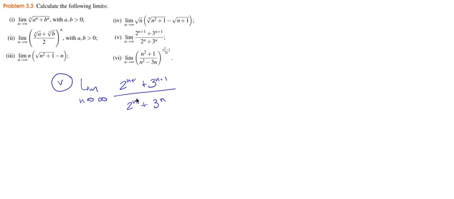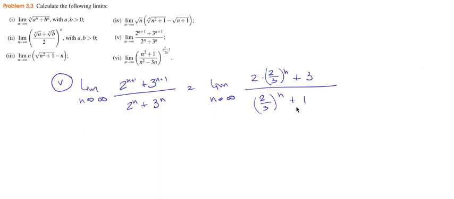So I'm going to divide everything by 3 to the n, right? So I have 2 times 2 over 3 to the n plus 3, and then we have 2 over 3 to the n plus 1.